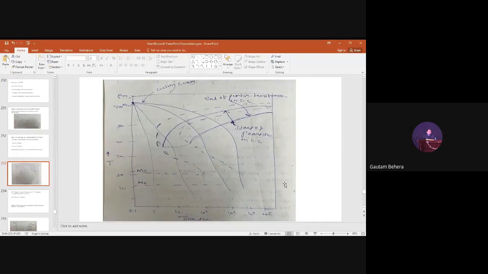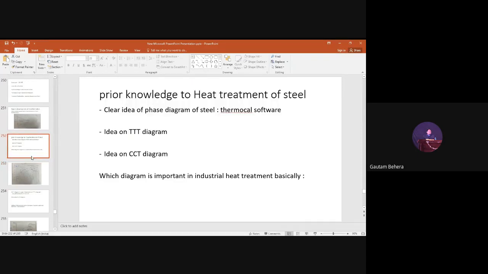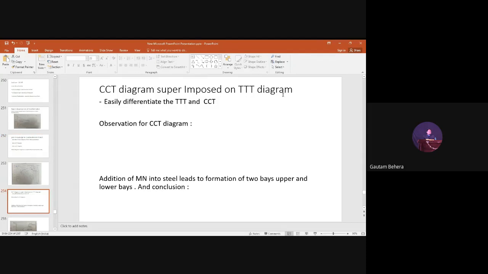If we cool the steel continuously, versus cooling it in isothermal conditions at a constant temperature, then the kinetics also changes, right? So this is the answer. So this is the first difference. So it is written to easily differentiate the TTT and CCT.